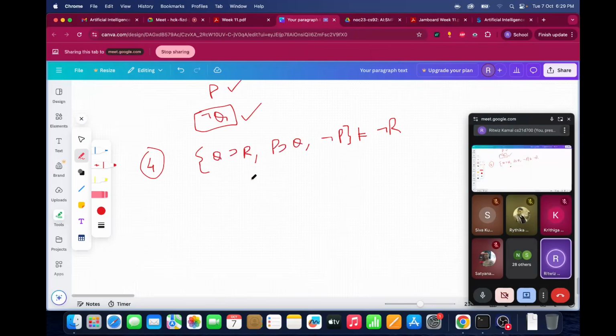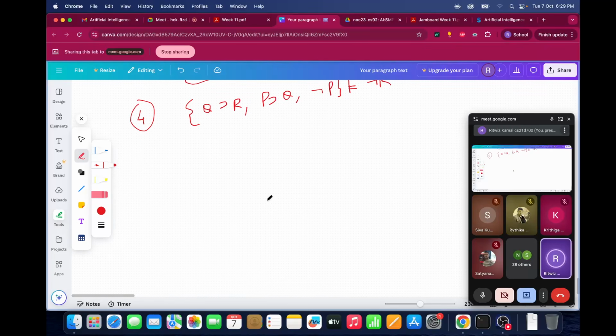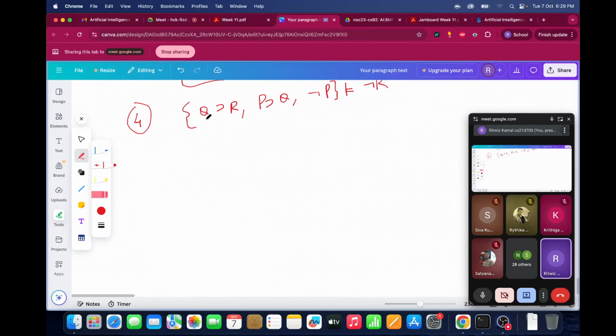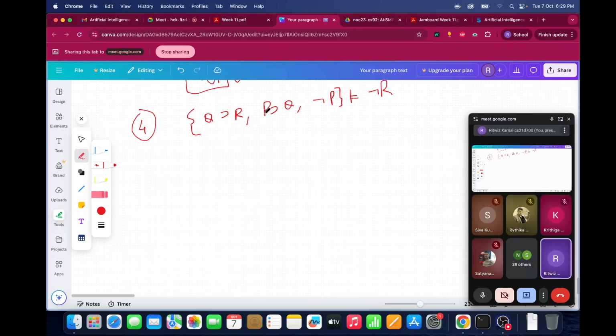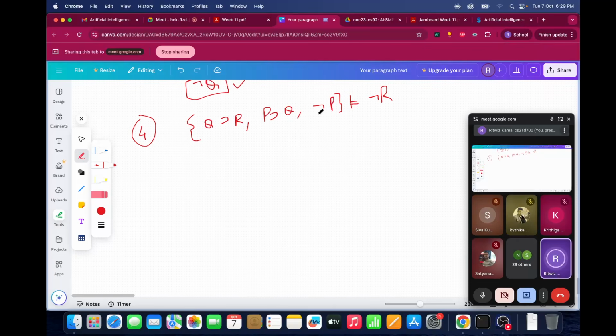Now let's have a look at whether this is true or not. So we have Q implies R and P implies Q. If we had P to be true, we could say that Q is true, but we are given not of P. Using not of P and P implies Q, we can't really derive anything.